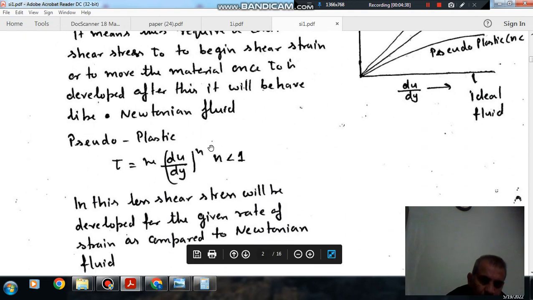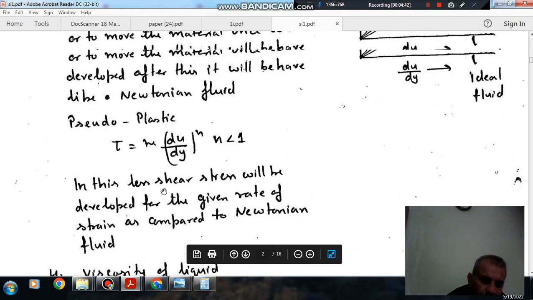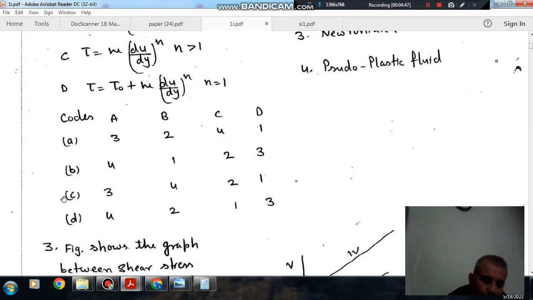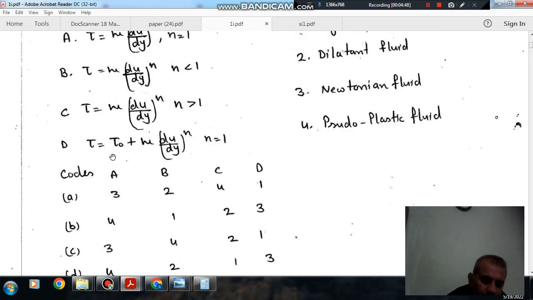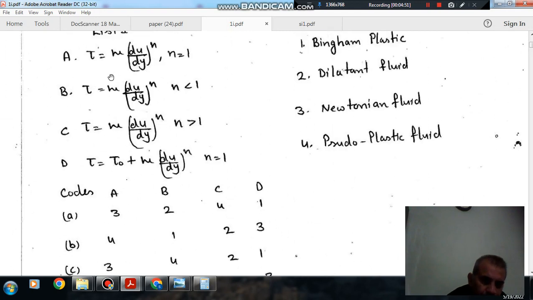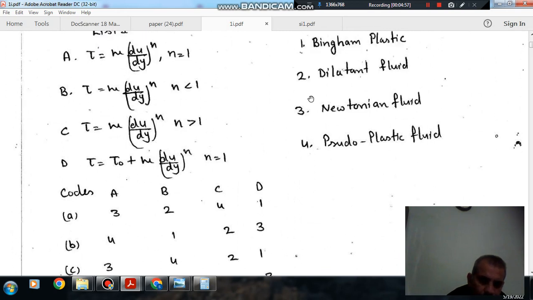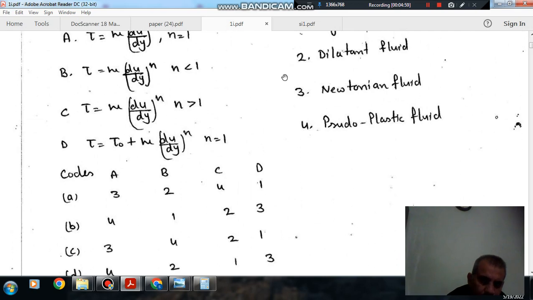This is your pseudoplastic, and n is less than 1, with less shear stress as compared to the Newtonian fluid. So the answer is option C. This is your 3, and B is your 4, this is your 2, and this is your 1.